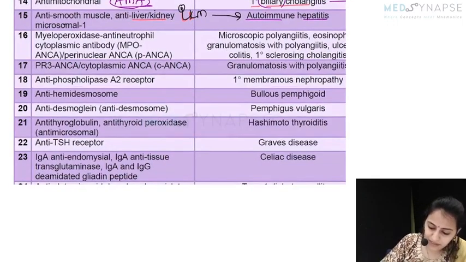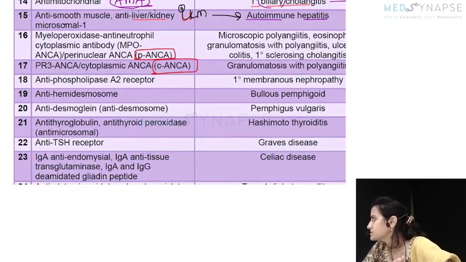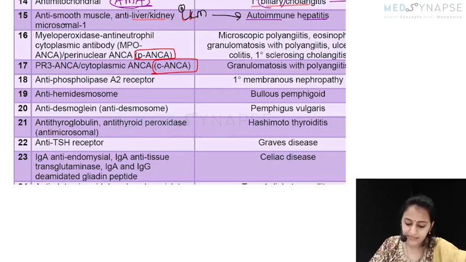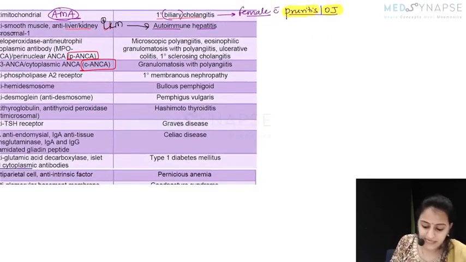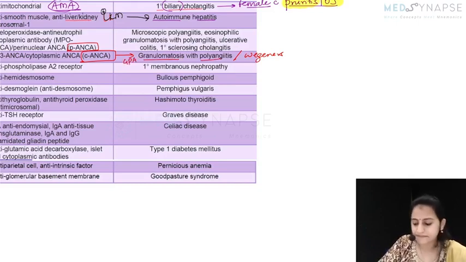Now this is important, that's basically your P-ANCA, C-ANCA. Where is P-ANCA positive? Where is C-ANCA positive? Where is C-ANCA? Wegener's, which is now called granulomatosis with polyangiitis, GPA.